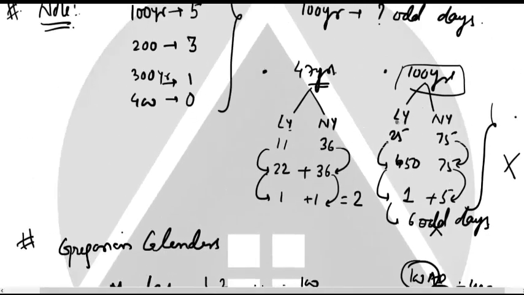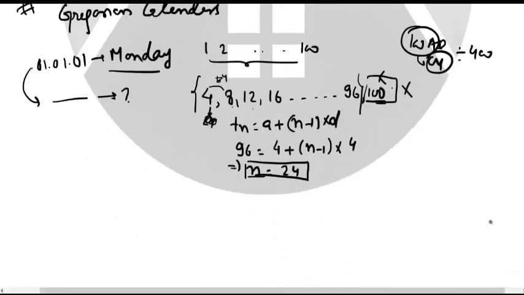So this calculation is not true if it is a multiple of 100 years. So 100 years will have 24 leap years and 76 normal years.